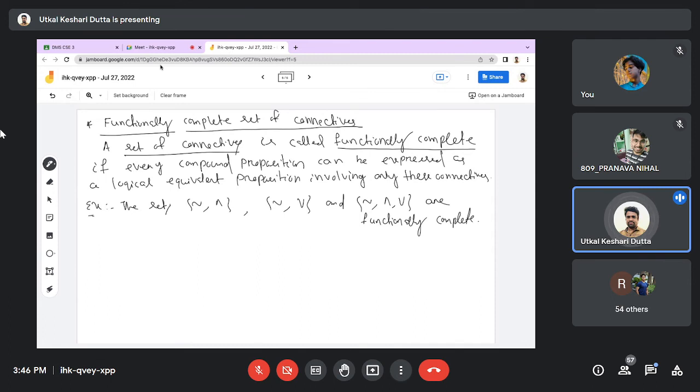P biconditional Q in the form of negation and conjunction. That means except the connectives present in the set, all the remaining connectives, every compound proposition can be equivalent to a logical expression involving only the connectives that are present in the set. Got it or not?